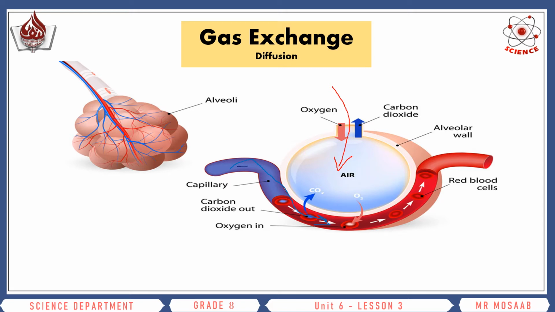The blood moves through the capillaries that surround the alveoli. Now we have two gases exchanging.